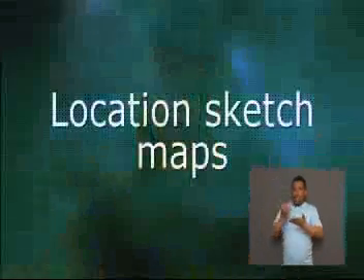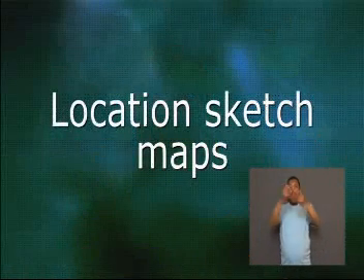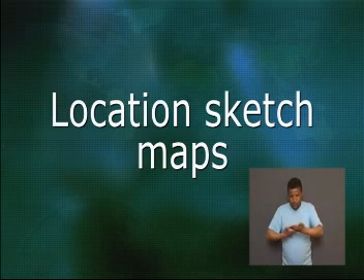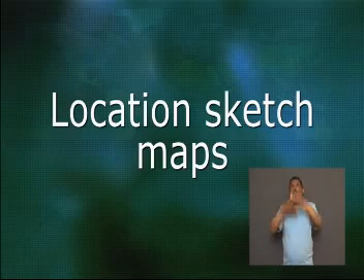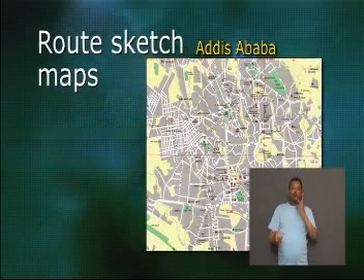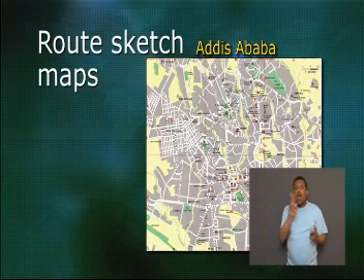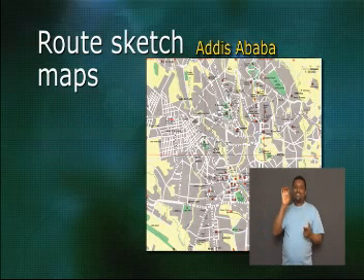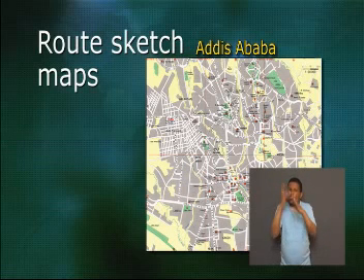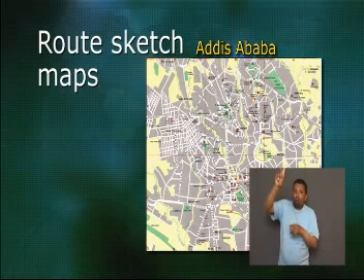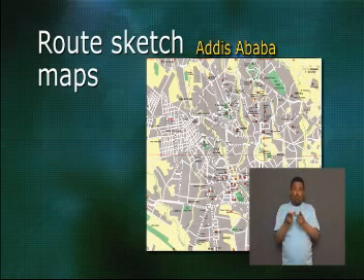There are different types of sketch maps. First, there are location sketch maps. These are used to show the relative locations of built-up areas, vegetation, man-made features, and so on. Second, there are route sketch maps. These are frequently used by tourists, travelers, and people who have recently relocated to a new area.